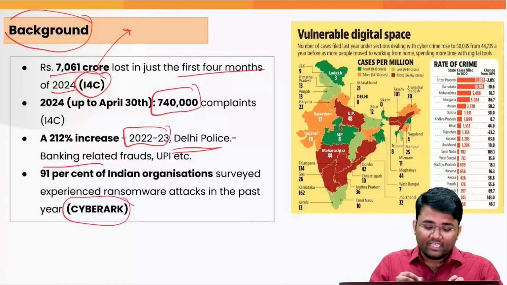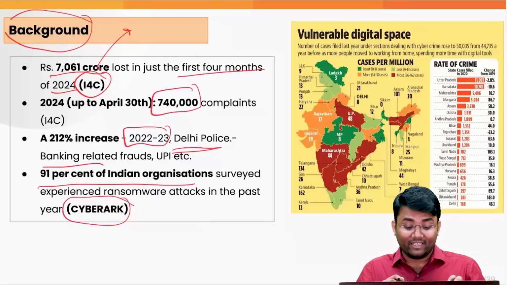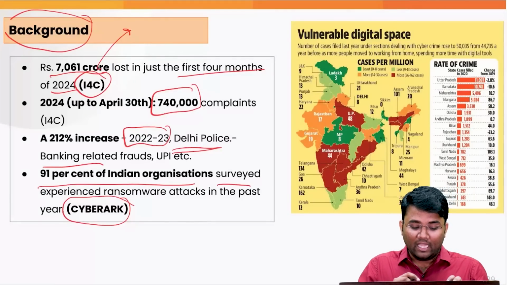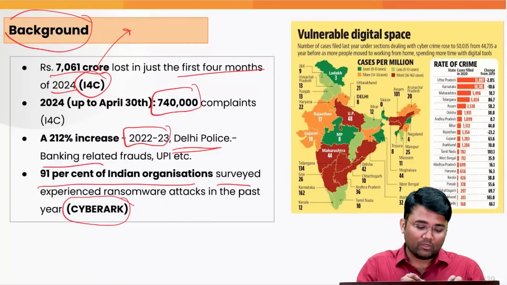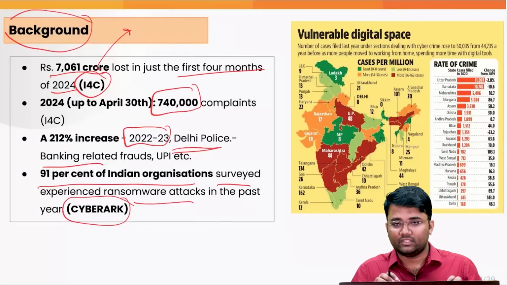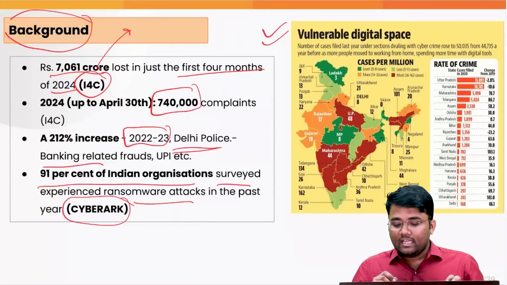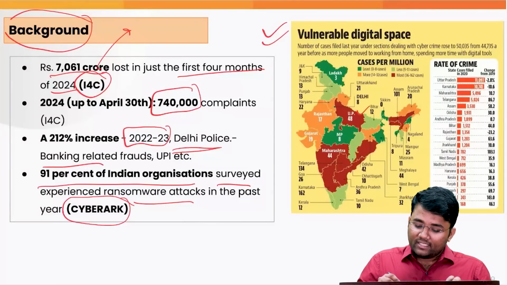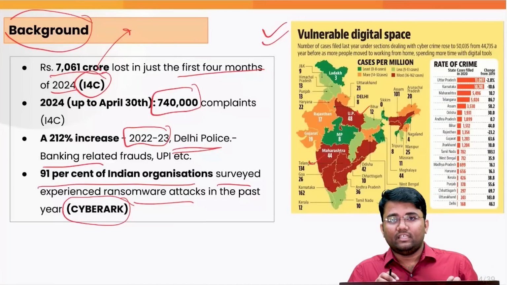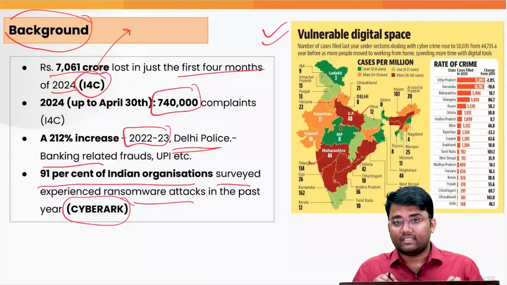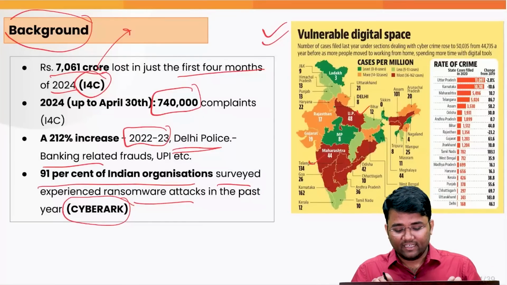It says that 91% of the Indian organizations they surveyed have experienced some form of ransomware attack in the past few years. If you look at this map, you can see Uttar Pradesh and Maharashtra are some of the states majorly affected by cyber crimes or cyber related attacks.